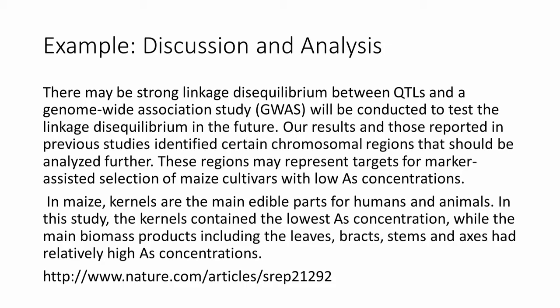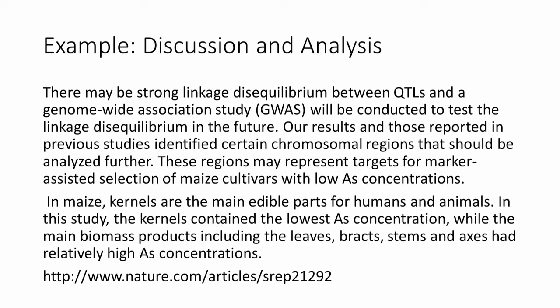Our results and those reported in the previous studies identified certain chromosomal regions that should be analyzed further. These regions may represent targets for marker assisted selection of maize cultivars with low ACE concentrations.